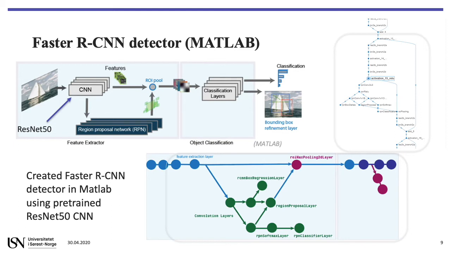For the faster RCNN detector, we based the detector on a MATLAB example, where we replaced the CNN with our own retrained ResNet 50 CNN, and we selected our own feature extraction layer.